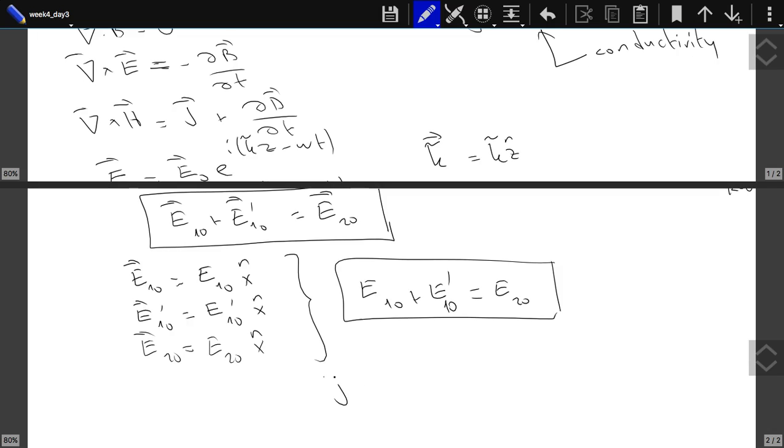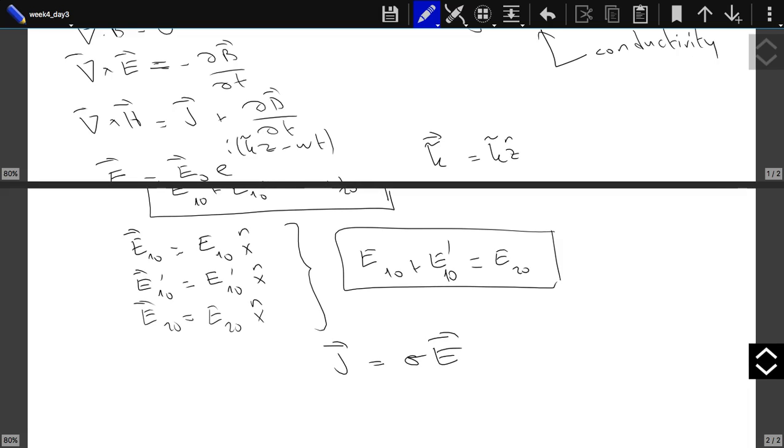But you see, we know that J is equal to sigma times E. If there is a surface current, J corresponding to that surface current will be, let's say, some K times Dirac delta of z. So here K is my surface current. It only exists when z is equal to 0 on my surface.